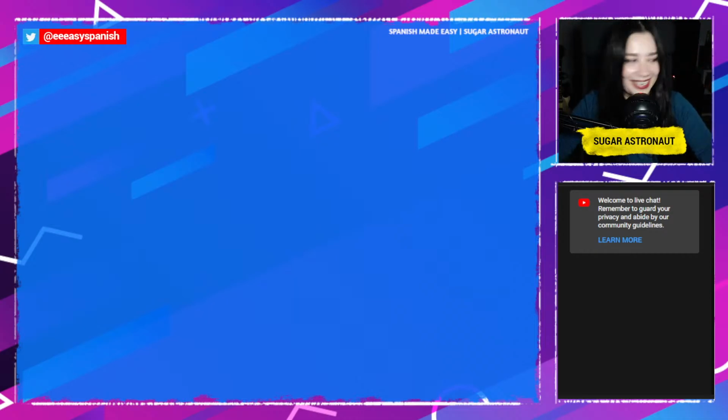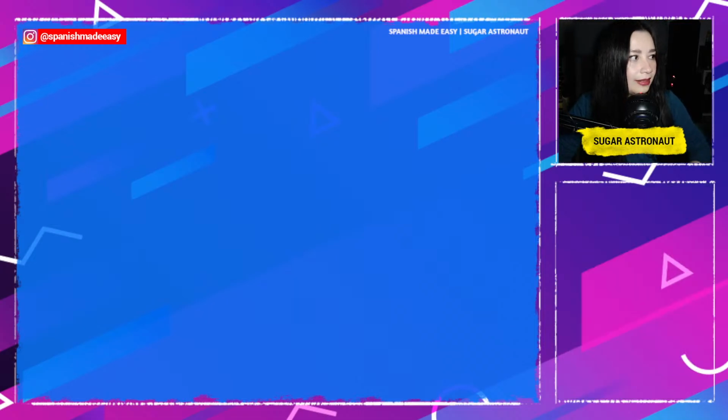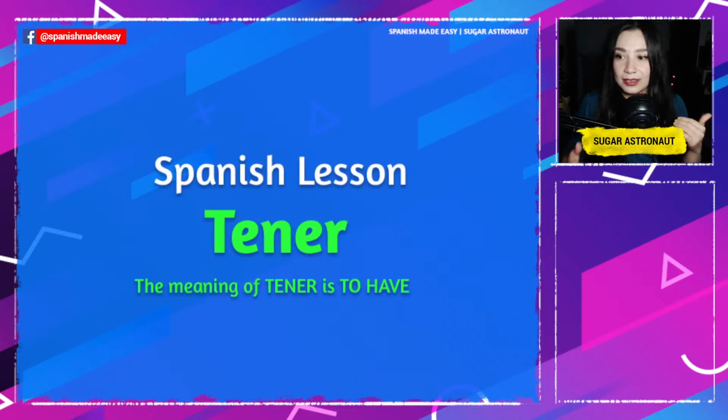Okay, so el verbo tener. ¿Qué significa el verbo tener? Do you know what tener means in Spanish? Tener is a very basic Spanish verb. And if you're learning Spanish, you should master this verb because it's everywhere in Spanish. So tener means to have.